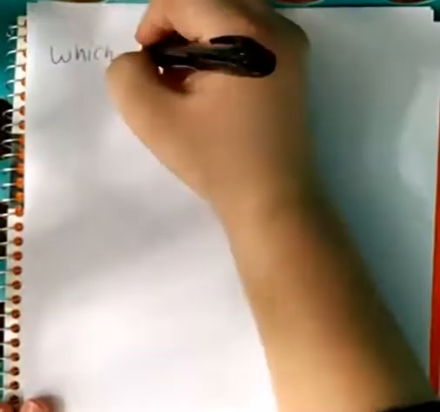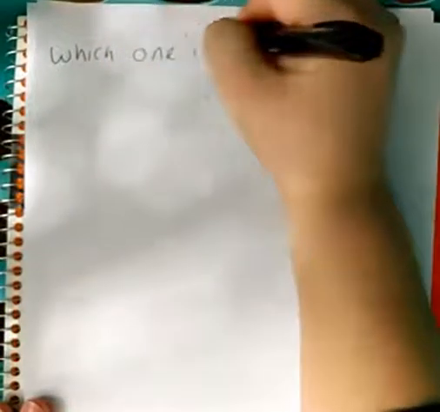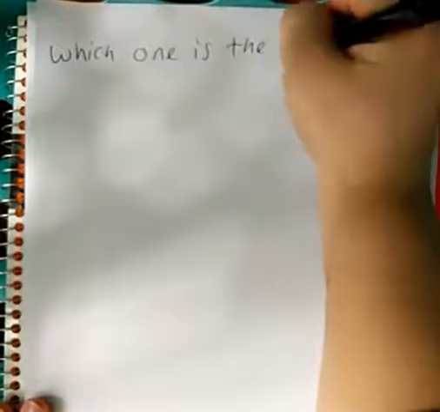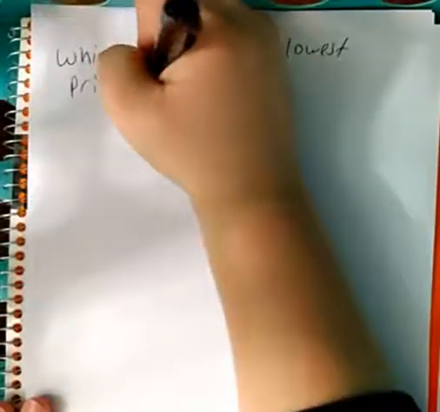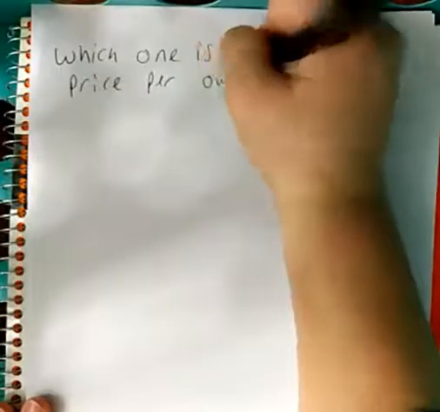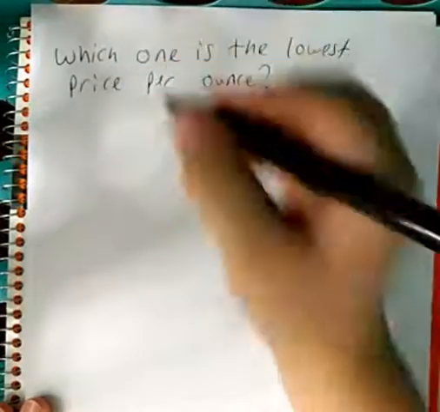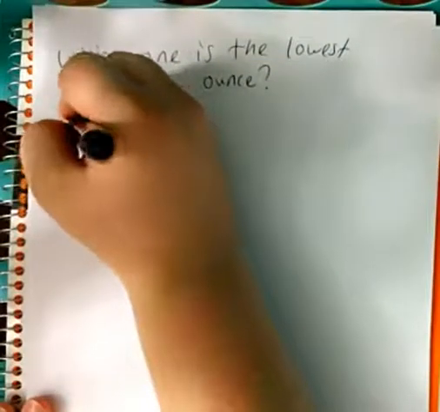So number 3 gives us 2 different rates and asks us to select which one is the lowest. So which one is the lowest price per ounce? Again, I see that per there. We're definitely going to be using that.